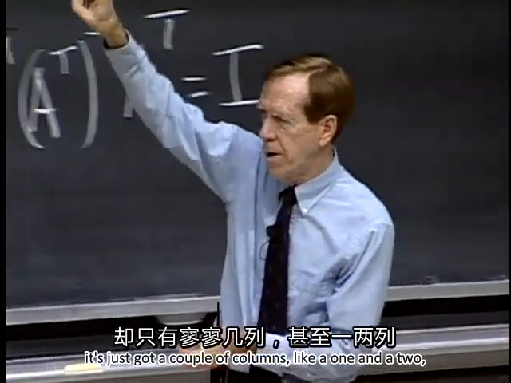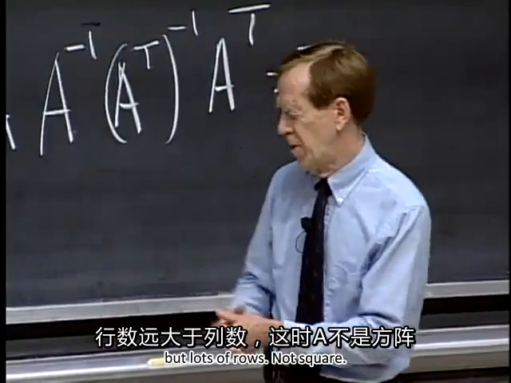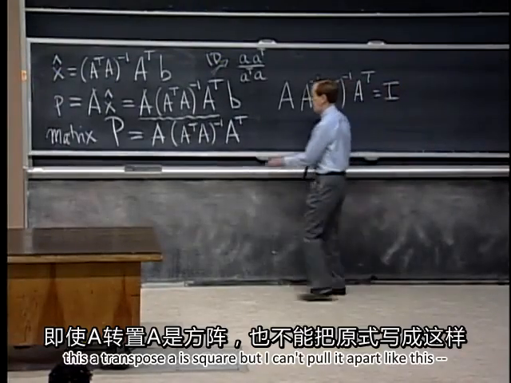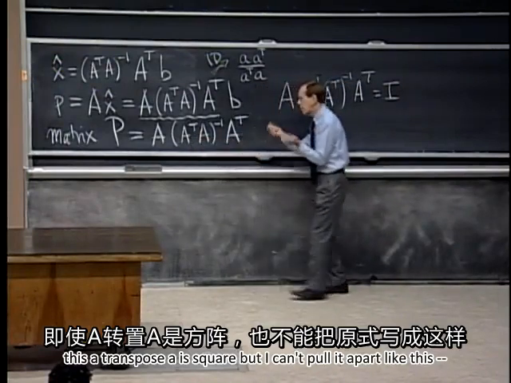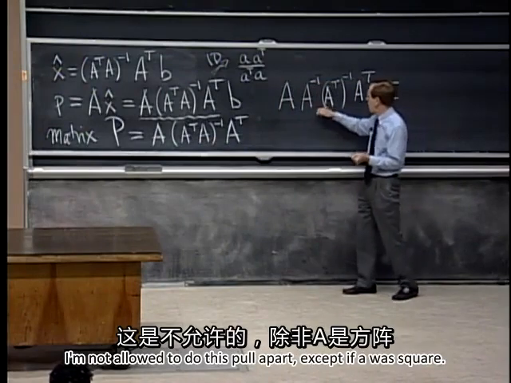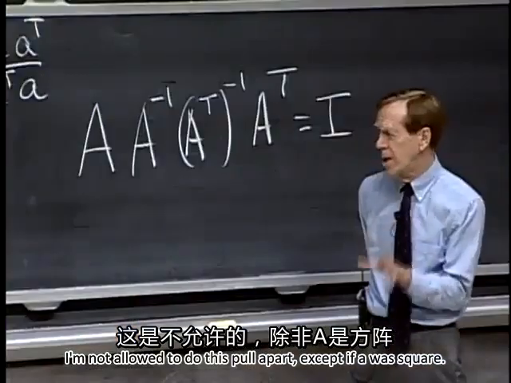It's just got a couple of columns, like A1 and A2, but lots of rows. Not square. And if it's not square, this A transpose A is square, but I can't pull it apart like this. So I'm not allowed to do this pull apart, except if A was square.